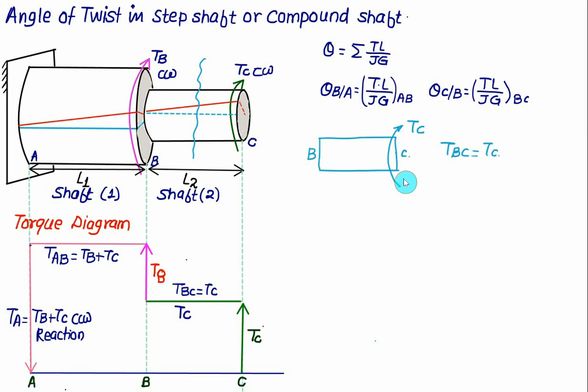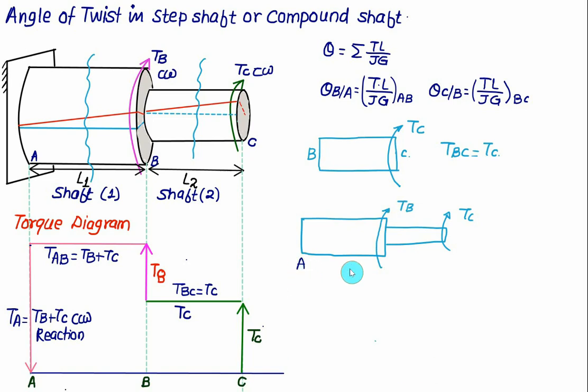Then you can take one more section and consider the complete FBD, from A to B and then from B to C. Then you can show one torque equal to TC and a second torque equal to TB. For the portion AB we can calculate the torque. Both are clockwise, so you simply add them: torque AB is TB plus TC.